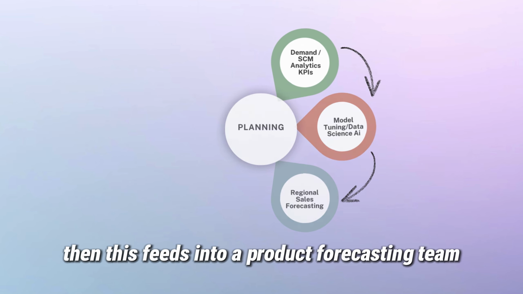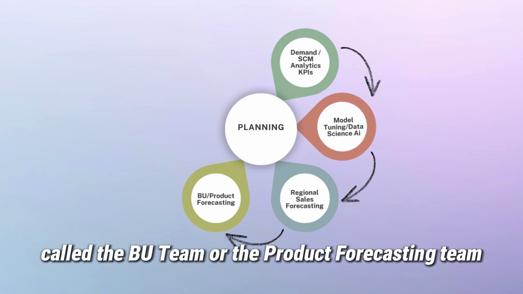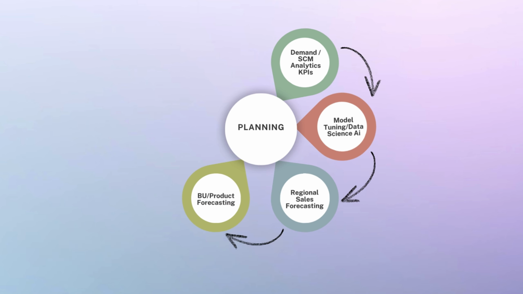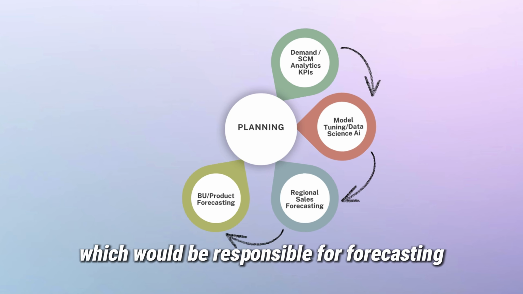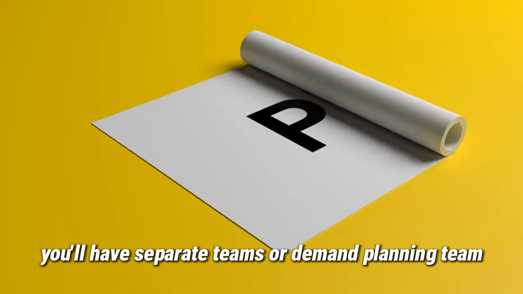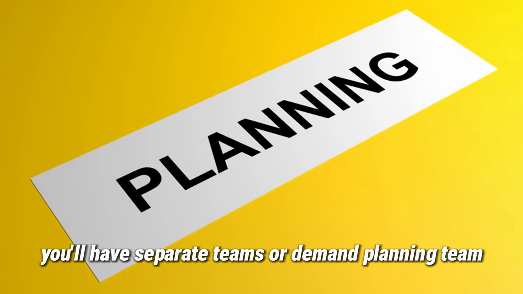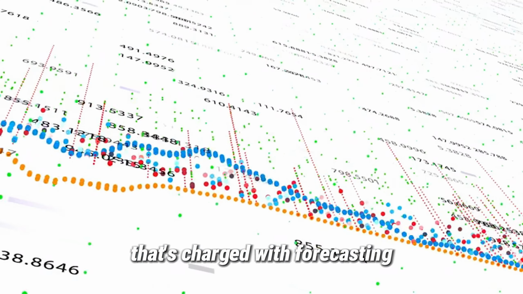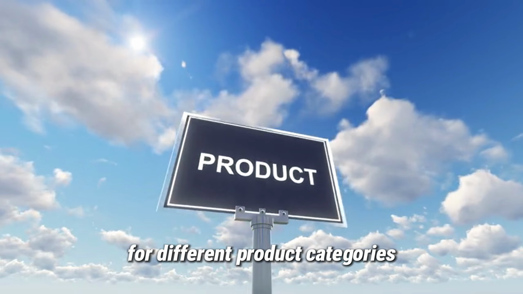Then this feeds into a product forecasting team called the BU team or the product forecasting team, which would be responsible for forecasting at the category level. You'll have separate teams or a demand planning team that's charged with forecasting for different product categories.